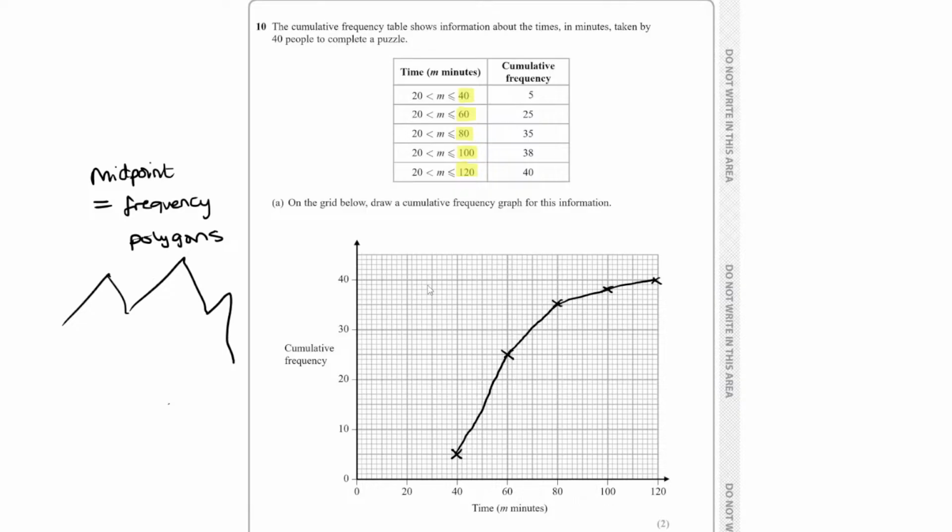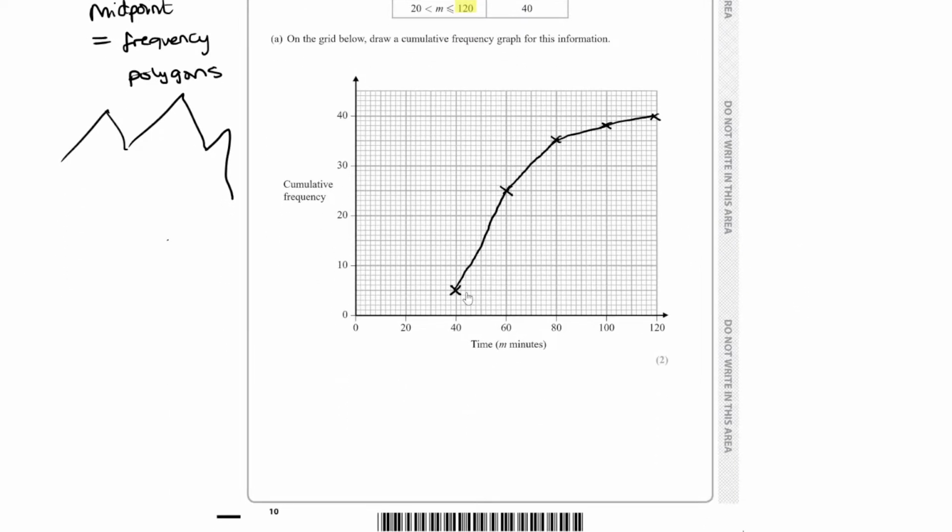I'll give myself this amount of time, and if I get to that amount of time and I'm not finishing, then I'll move on. Sometimes I think it's better to keep moving, answer the questions you already know how to answer, and then come back at the end, but at least you've given yourself time to see all of the questions in the first place and not miss out the last few because you ran out of time. But it's just practice. Keep looking at the clock in the exam hall and try not to spend too long on one question, because you might then be able to do another question with more marks at the end. You just don't know.